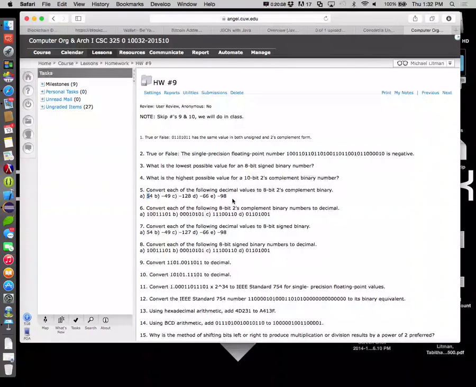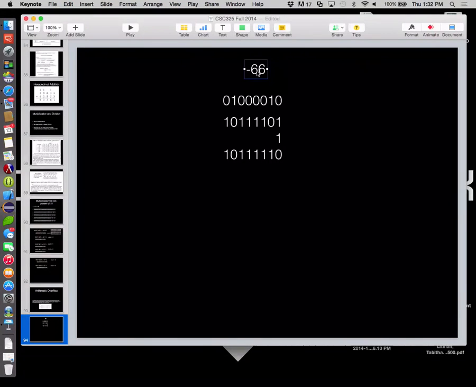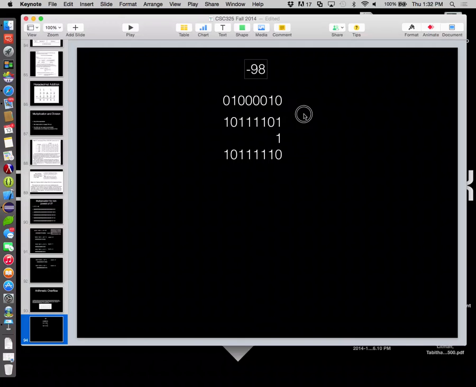Then we have negative 98. So we have 64 plus a 32, that's a 96. 16, 8, 4, 2, 1. Is that right?